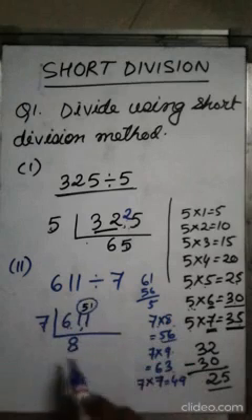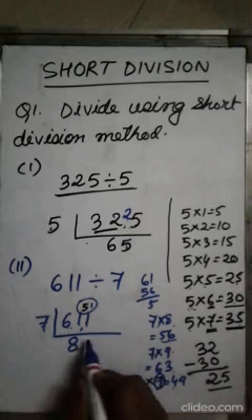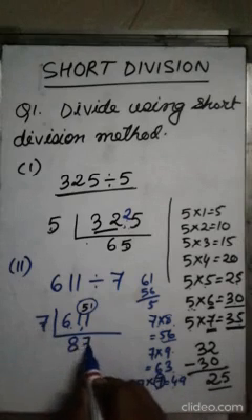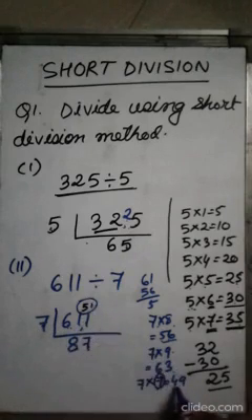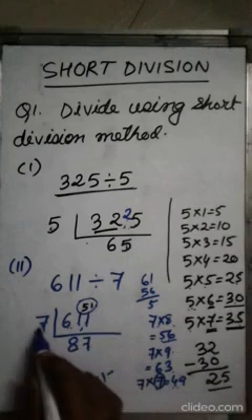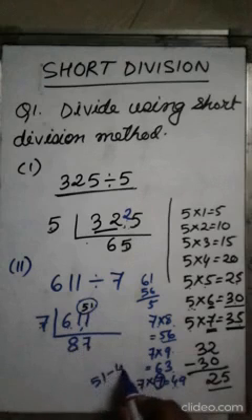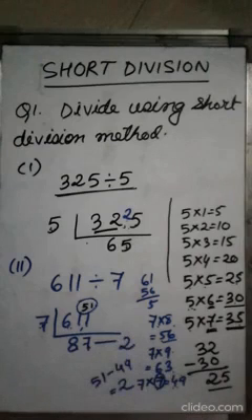Here we have 51, so we shall write 7 here. 7 into 7 is 49. 51 minus 49 is equal to 2. So the remainder is 2.